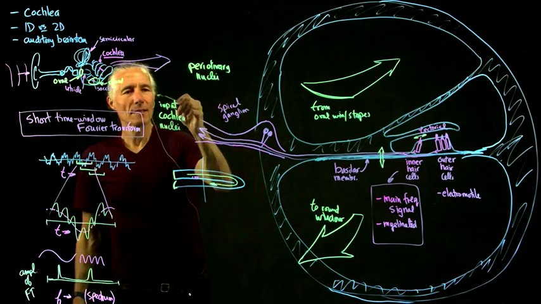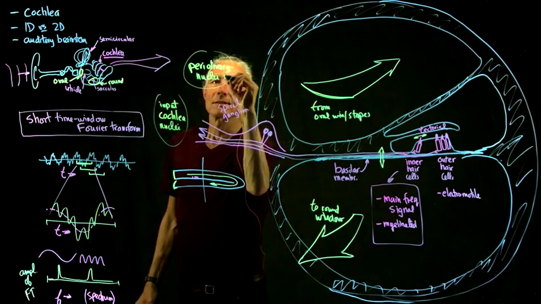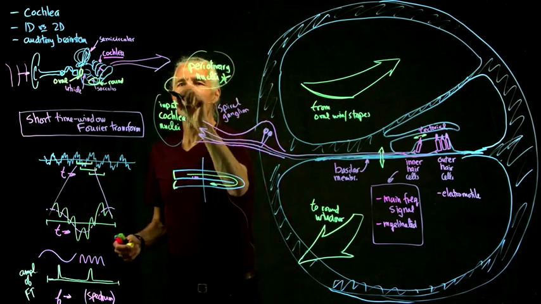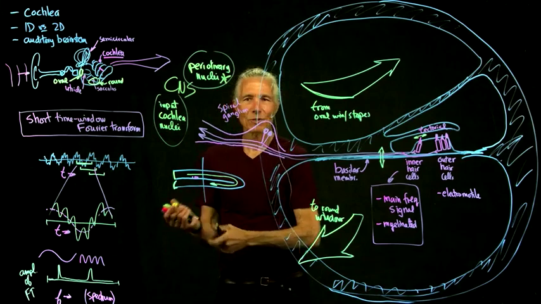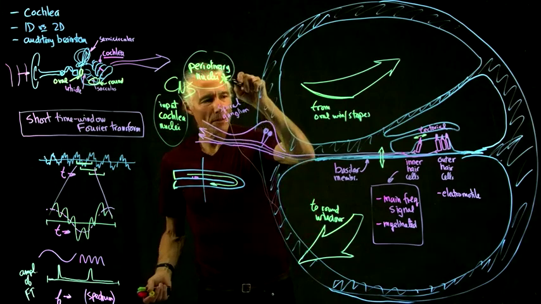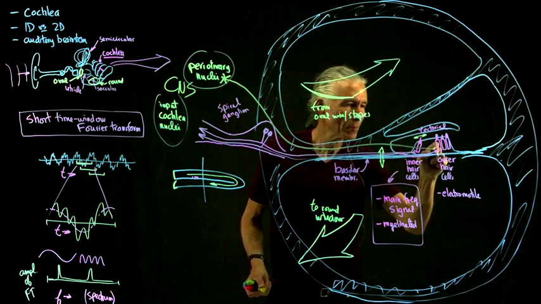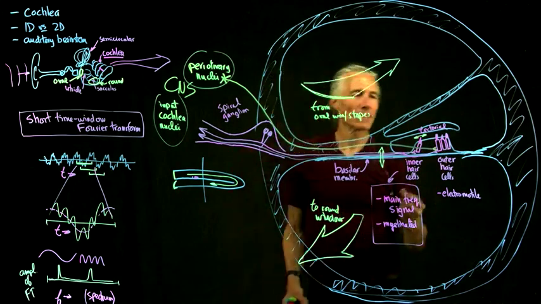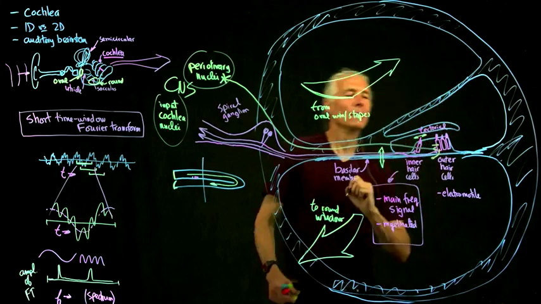But these are neurons here in the central nervous system. So here's the CNS, and they're actually synapsing back out onto the hair cells, especially the outer hair cells. So that's a synapse that's going in, as opposed to this synapse which is coming out.